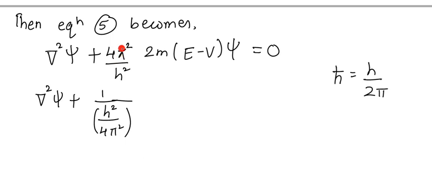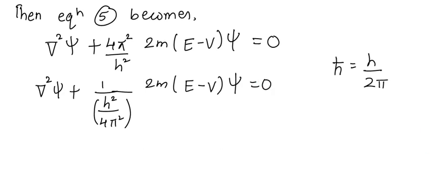You can write this term as this, because this 4 pi square is in the upper side, and when it goes down, this will be like this: 1 divided by h square divided by 4 pi square, and 2m (E minus V) psi is equal to 0.